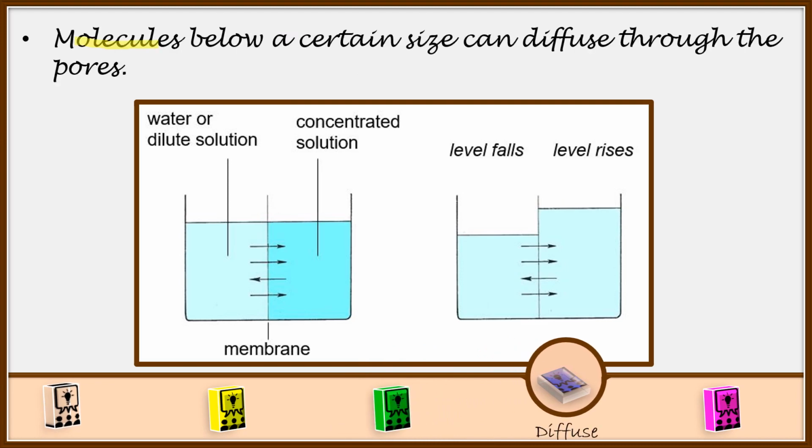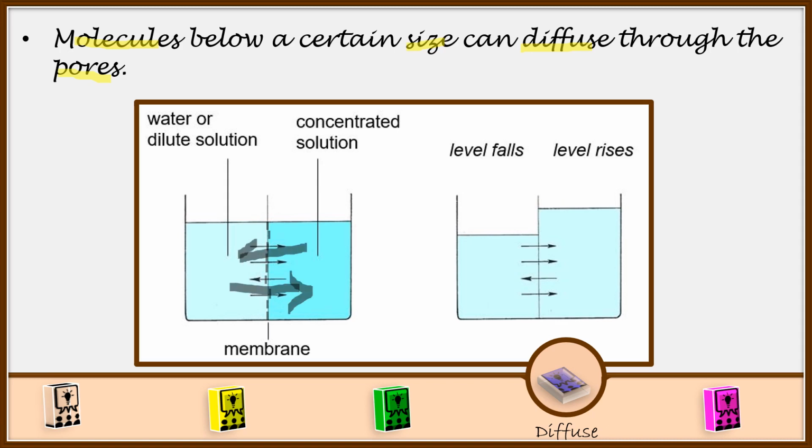Molecules below a certain size can diffuse through the pores. We have said that we have pores in these membranes, and these pores are very microscopic holes which allow materials to flow across.